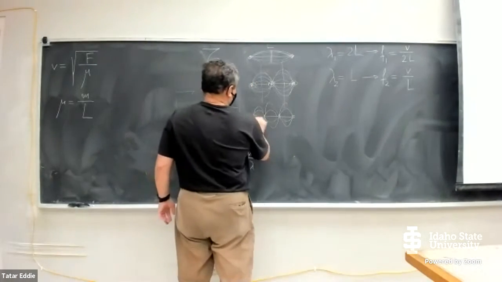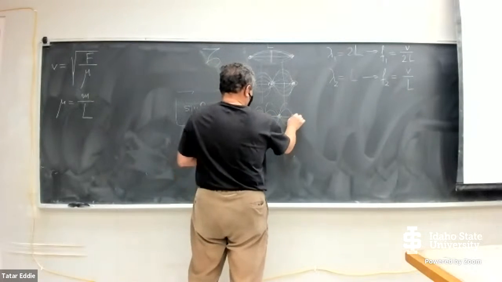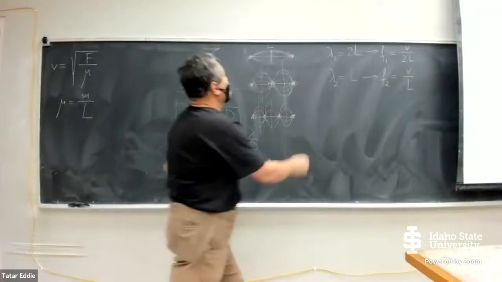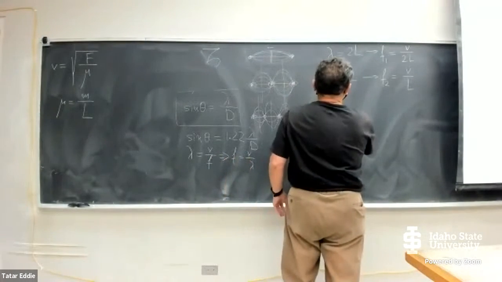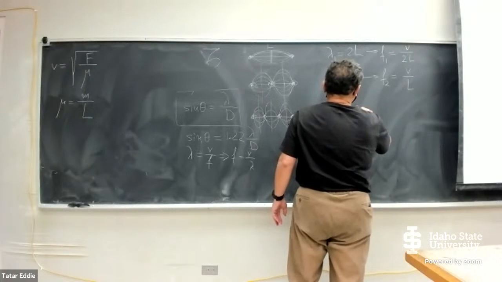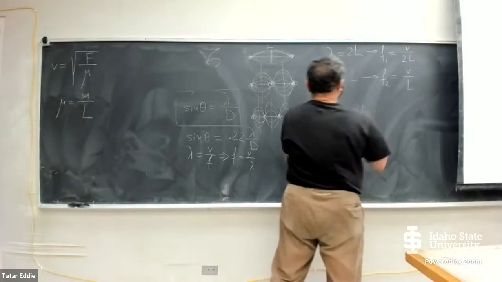You're going to have, in other words, 4 nodes and 3 antinodes. The wavelength of that pattern is going to be, what is it going to be? 2L divided by 3.